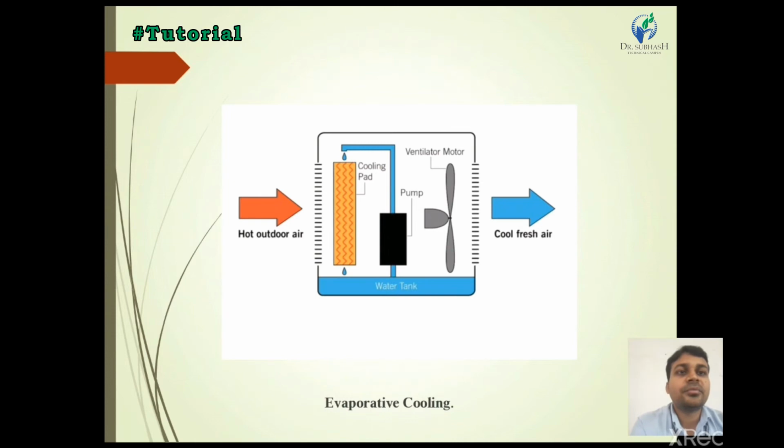Then the fan blows high velocity air to the outside, and inside the box it creates a low pressure, so the water is evaporated and it cools down. Evaporation means that at a constant temperature the water is vaporized, meaning water is converted from liquid form to vapor form, and it cools down.